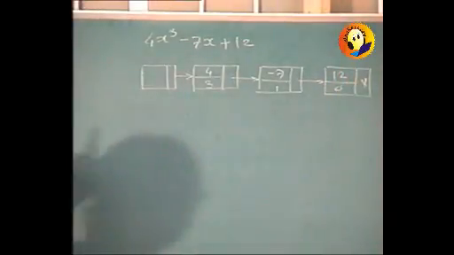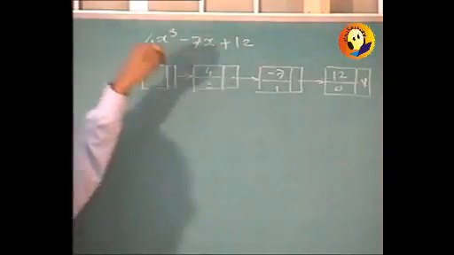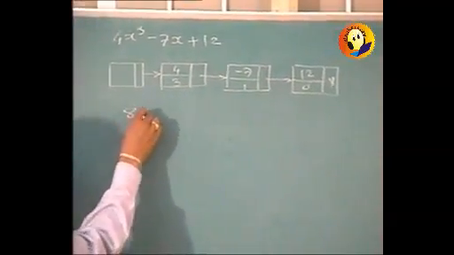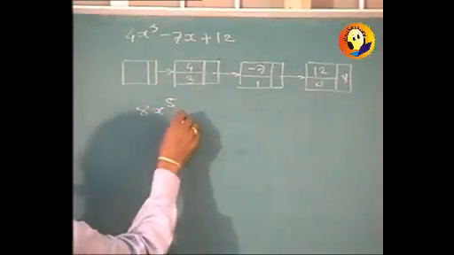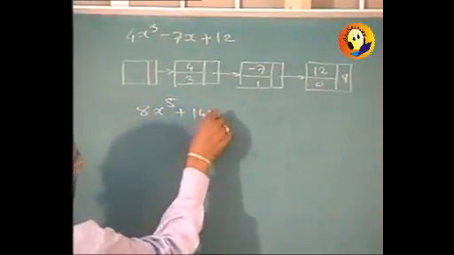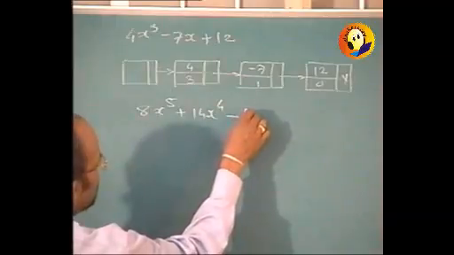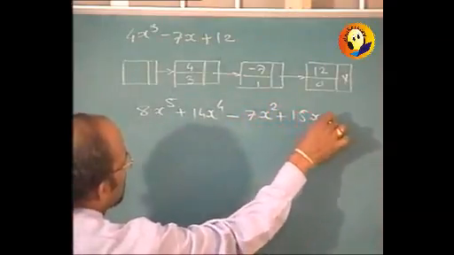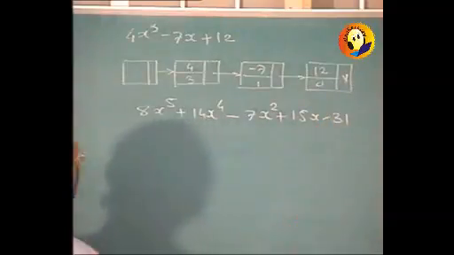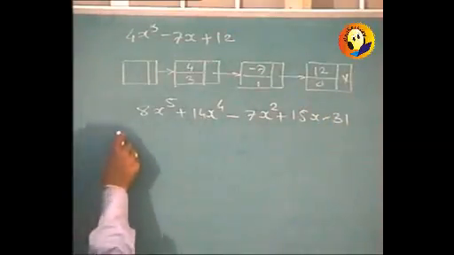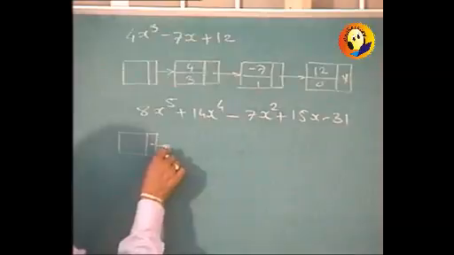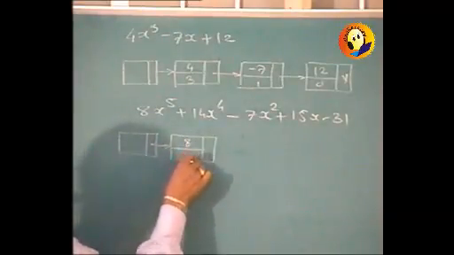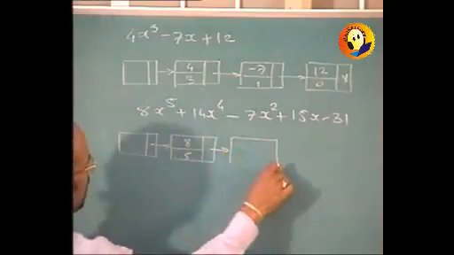It is arranged in descending power, so it is a sorted linked list. Similarly, there could be 8x raised to 5 plus 14x raised to 4 minus 7x square plus 15x minus 31. Then again there will be a linked list, each node having 2 fields arranged in descending powers.